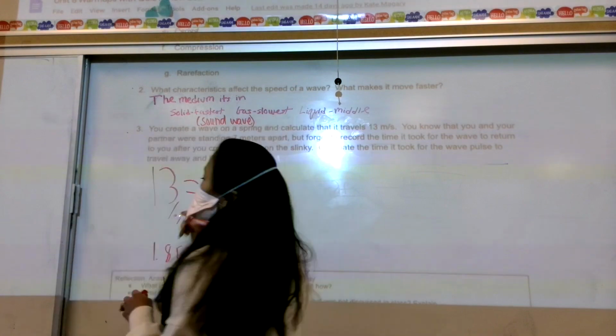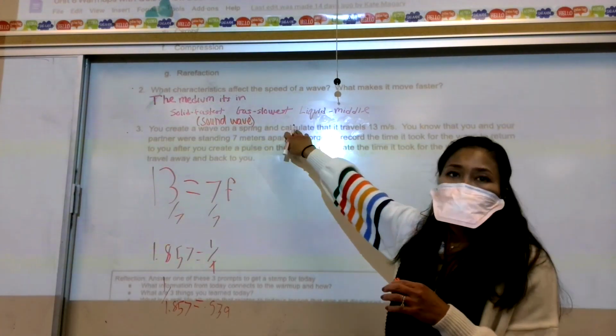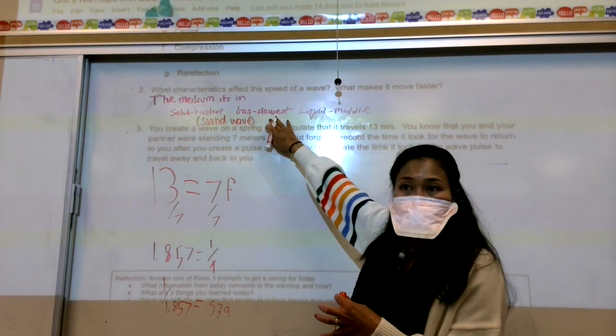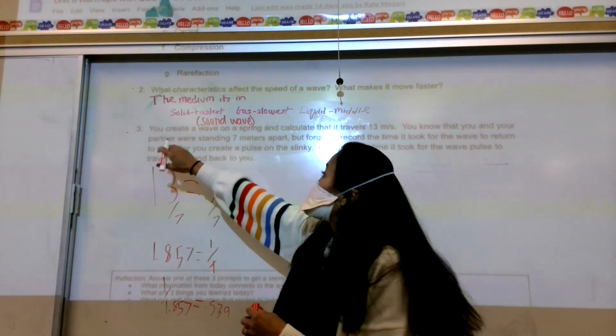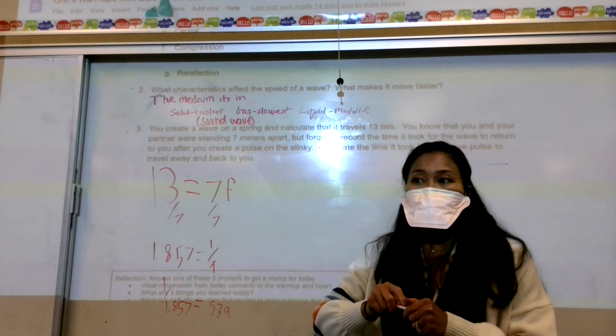And sound waves are very specific to this characteristic. Sound waves are going to travel slowest through gas, so through air, and fastest through a solid. And we're going to talk about this a little bit later.